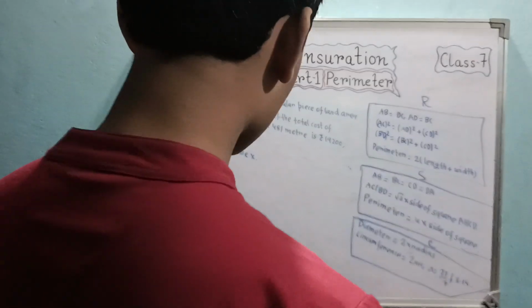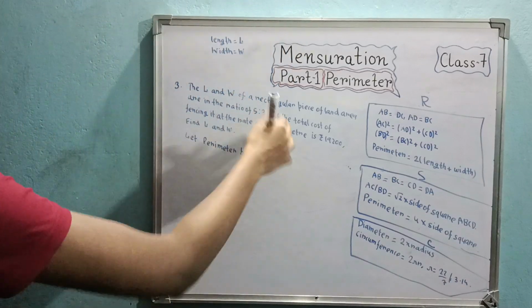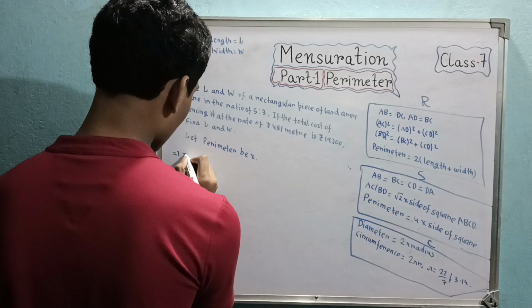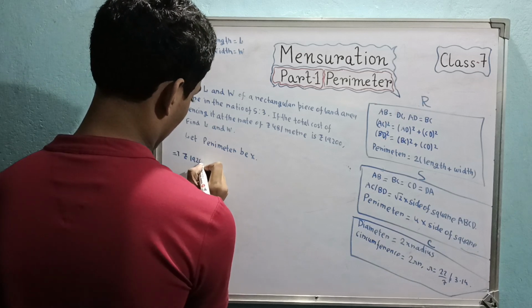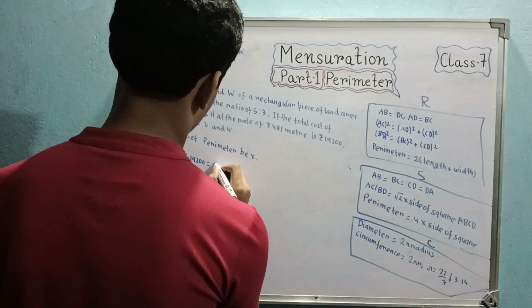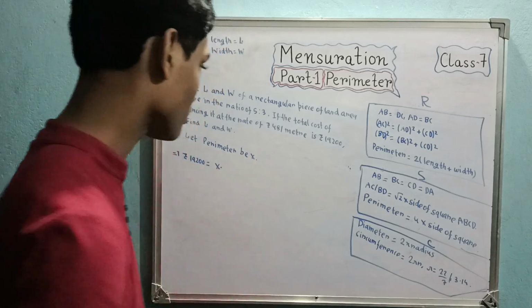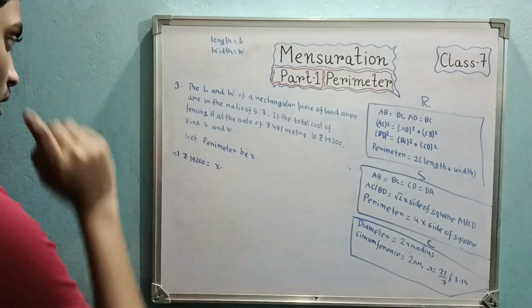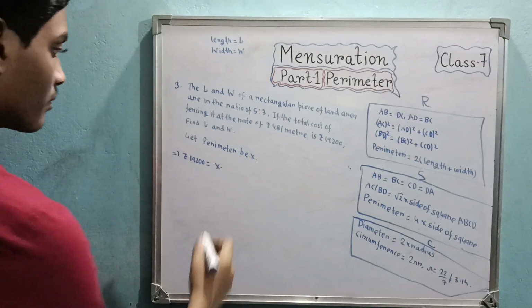Cost of fencing is equal to perimeter multiplied by the rate given. So here the cost of fencing is rupees 19,200 equal to perimeter, which is x, multiplied by the rate given, which is rupees 48 per meter.